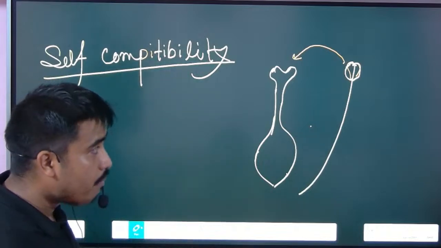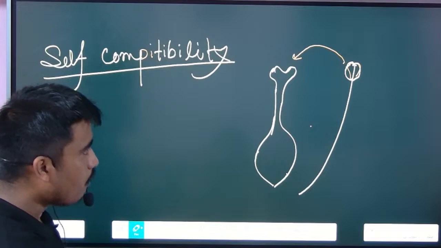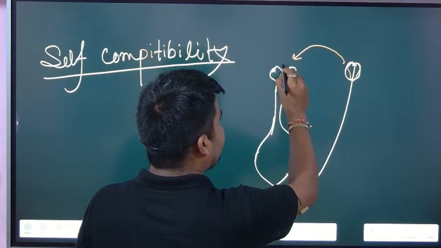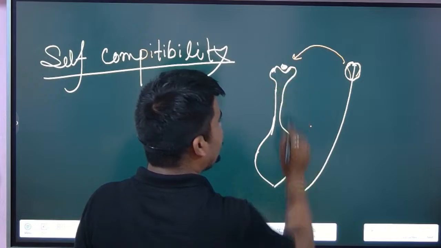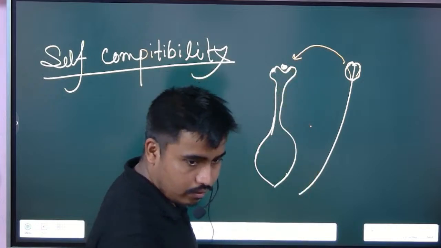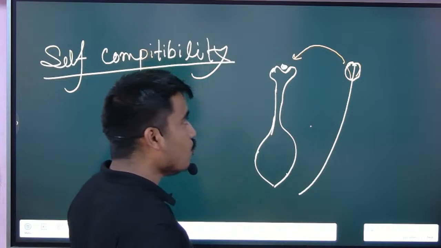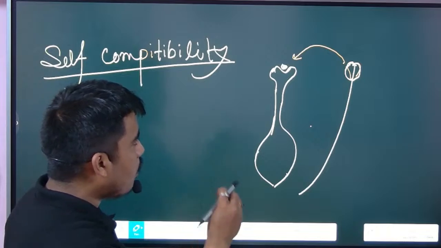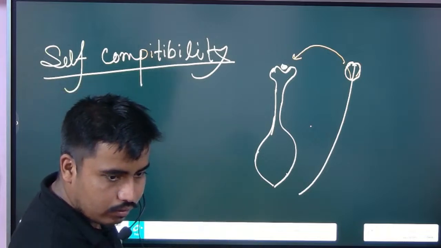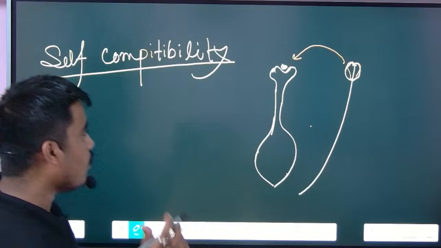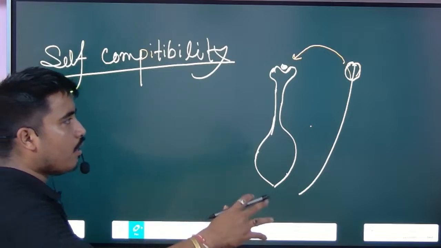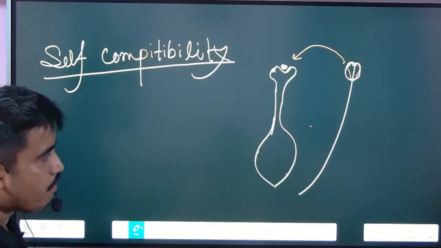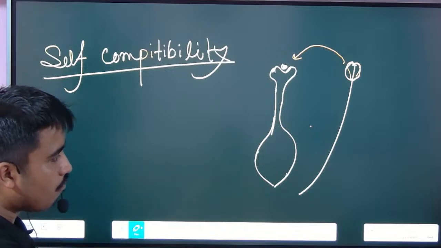Suitable in the sense that it can sense whether there is any defect, whether it is healthy or not, or whether it is the pollen of the same species or not. Because in a forest or a garden there must be different types of flowers and different kinds of plants.